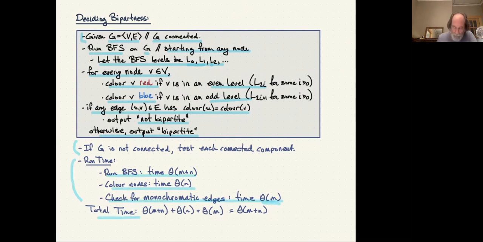The total time is just the sum of those, n plus m, which gives us theta of n plus m. Okay, which is again the size of the data structure representing G. So very efficient.